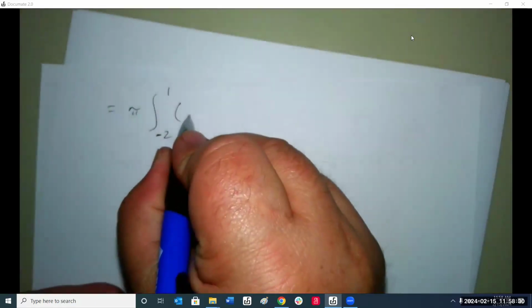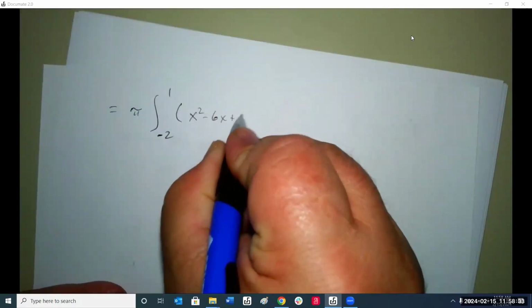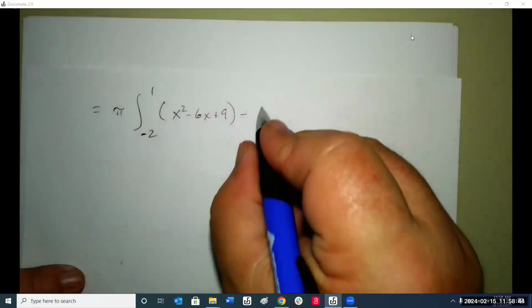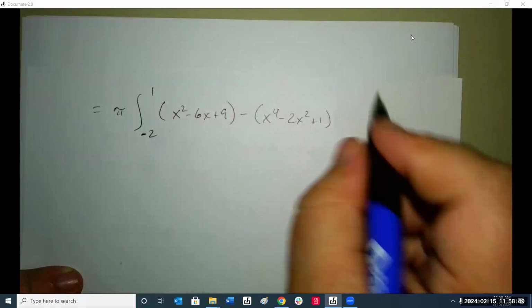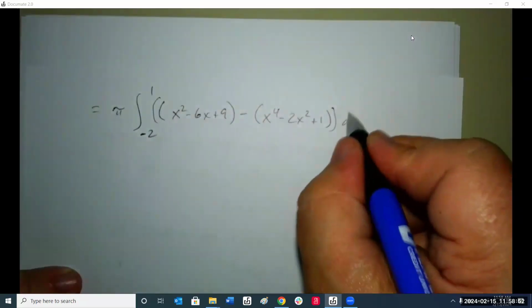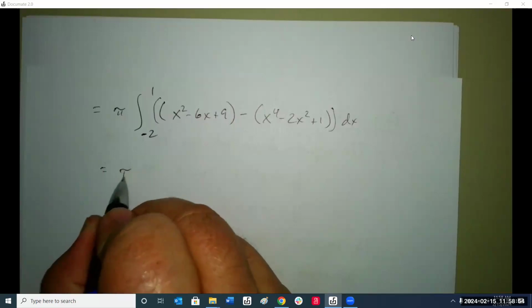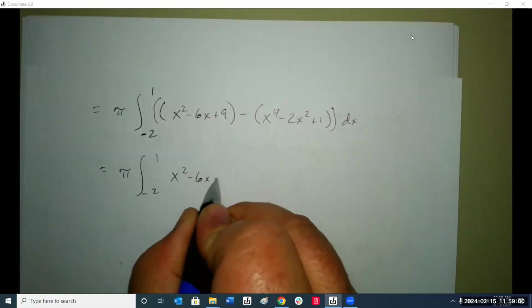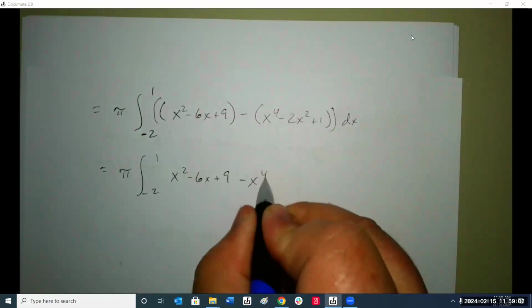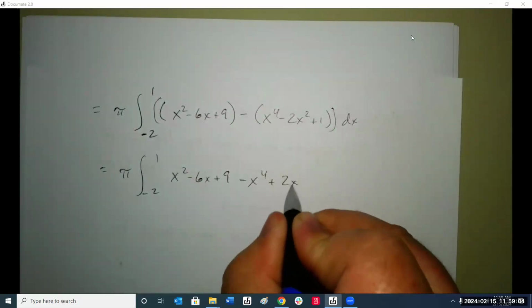Six x plus 9. x to the 4th minus 2x plus 1. So x squared minus 6x plus 9 minus x to the 4th, 2x squared minus 1.